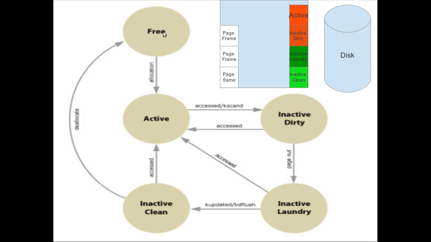Now, a page could be either free or active. First, the frame is completely free. It doesn't have anything inside it. Once the page is allocated, it has some data in it and it becomes active. Now the active page, in case it's recently accessed, again becomes active.